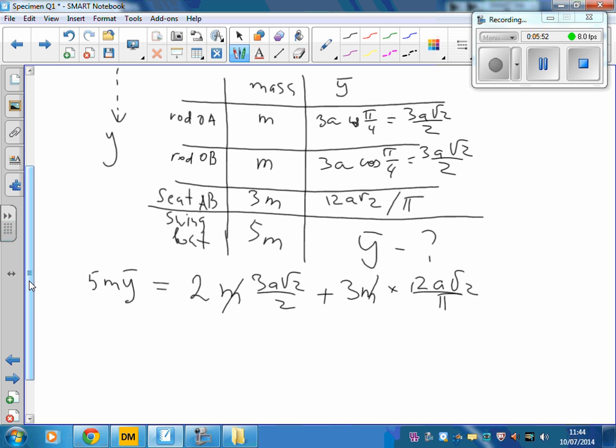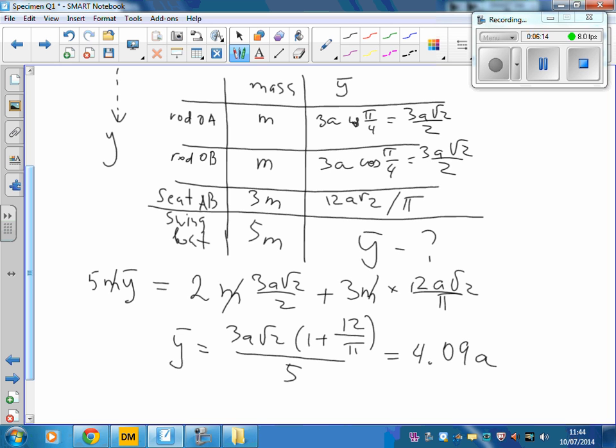So m is cancelled and the value of y is given by 3a root 2 times 1 plus 12 over pi, all divided by 5, which will give us 4.09a as required. And that's the answer to part BII.